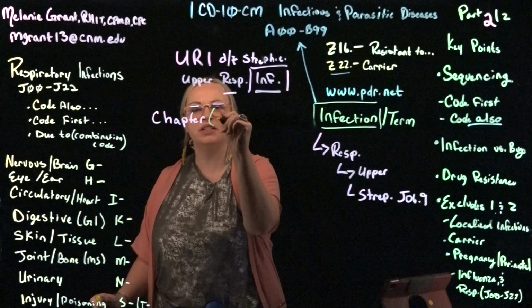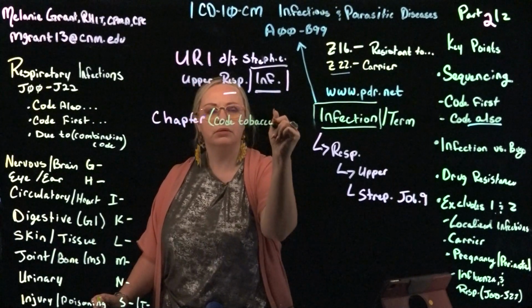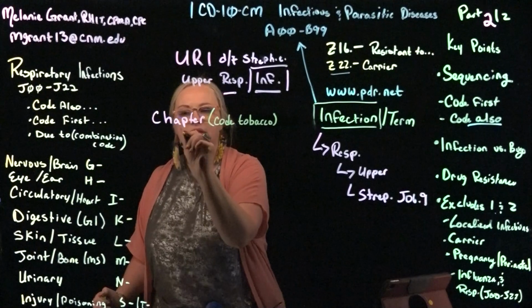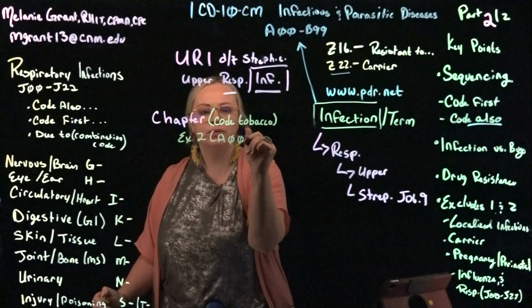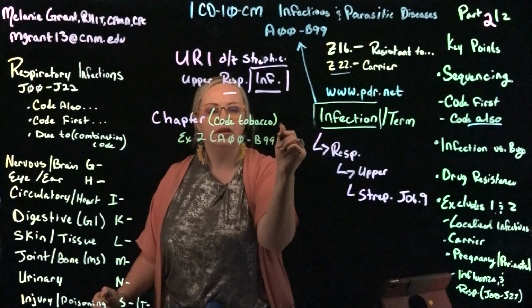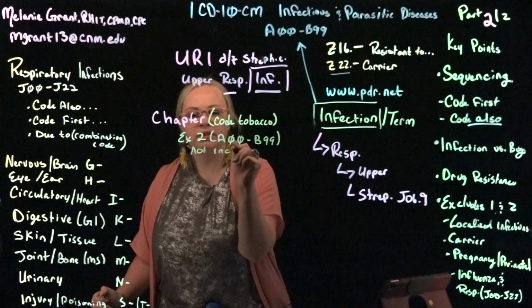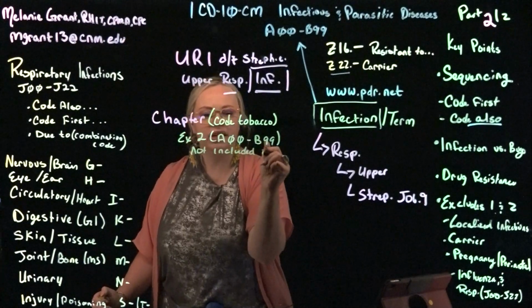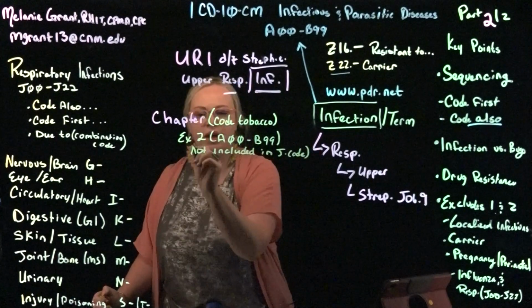And that tells us code tobacco, and excludes 2 for your A00 through B99, which simply means not included in J code. That's what that means, okay?